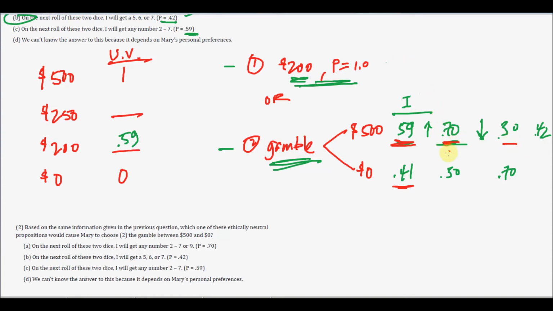If the gamble gets better, safer, she'll take the gamble. So here, safer, riskier stays the same. So the answer is A. She's going to choose the gamble when the ethically neutral proposition is, on the next roll of these two dice, I'll get any number 2 through 7 or 9.